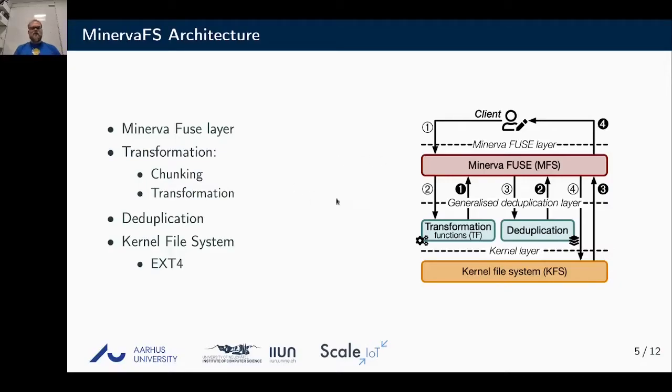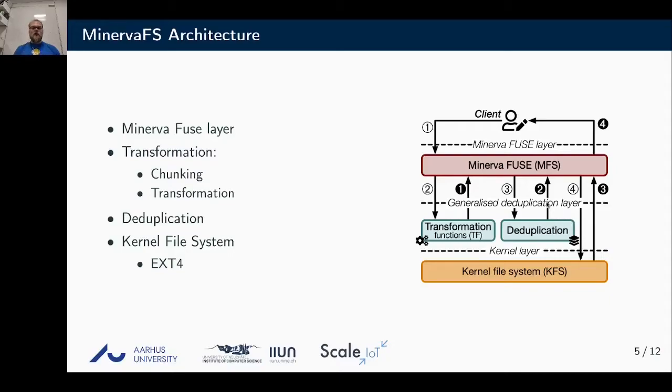Then we have the transformation component, which chunks the data. It can also reassemble it, and then create the basis and deviation pairs or reconstruct the original chunks. Then we have the deduplication component that hashes the basis and identifies duplicates, both between the data that is currently being stored but also already stored data in the system.